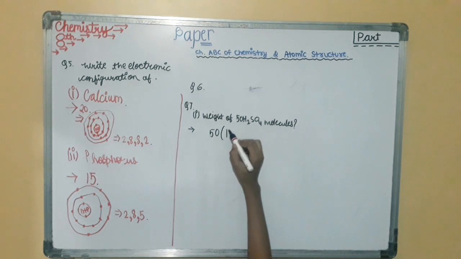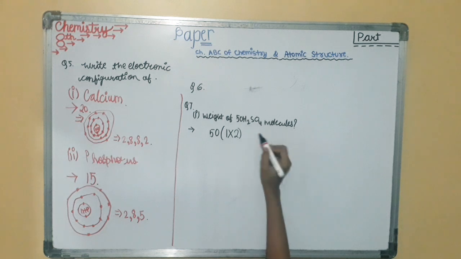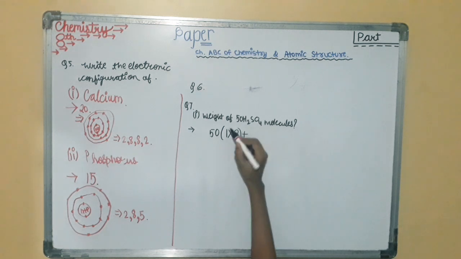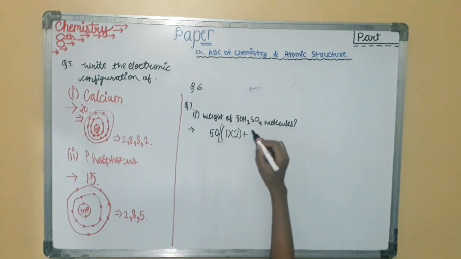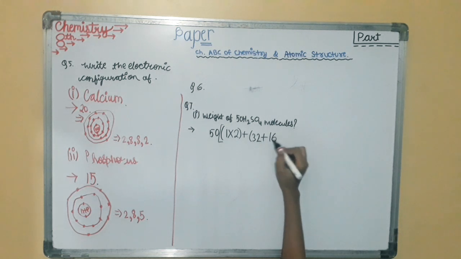Its atomic weight is 1 into the molecule 2, plus sulfur is 32 plus oxygen is 16 into 4.